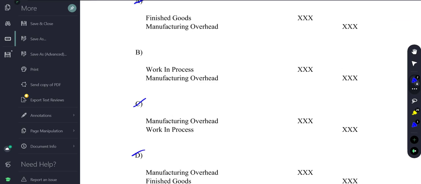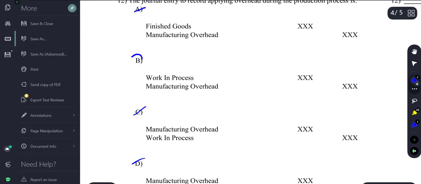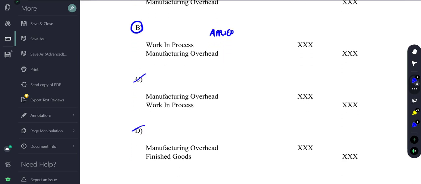The one that is correct here is when we debit work in process and credit manufacturing overhead. That entry represents applied overhead, which is what we're doing when we do this entry. It means we're calculating the amount of overhead based on the predetermined overhead rate and moving that out of overhead and into work in process.